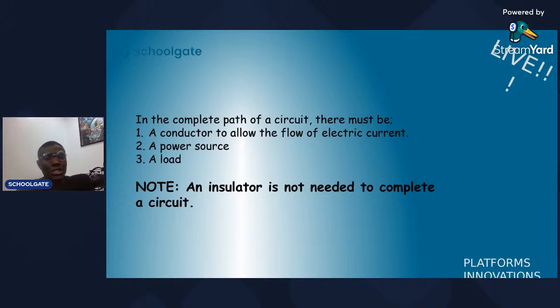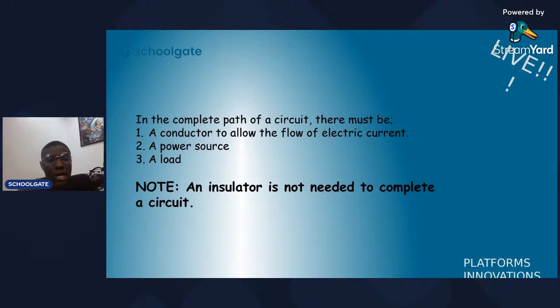To demonstrate this further, in the complete path of a circuit, there are three things that must be present. First of all, there must be a conductor to allow the flow of electric current through a circuit. We have seen examples of conductors.